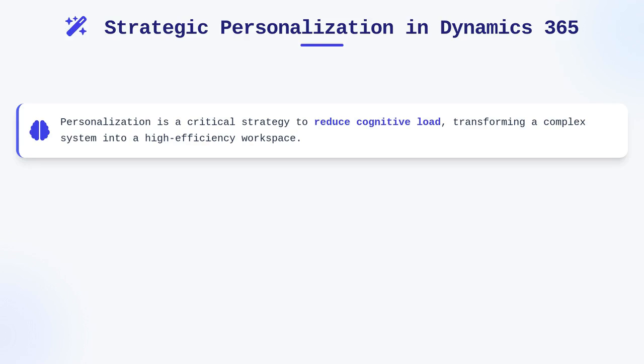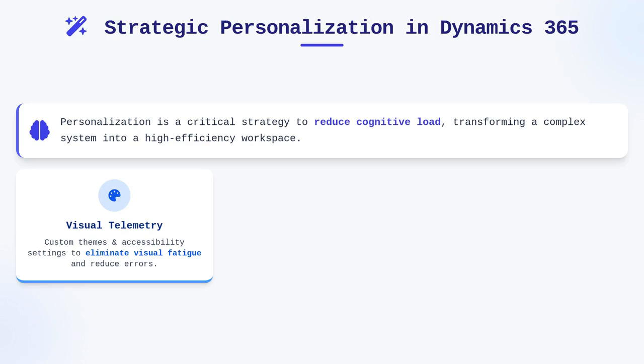Personalization is not merely a cosmetic endeavor, but a critical strategy for managing the high cognitive load inherent in enterprise management systems. Dynamics 365 allows for deep customization of the user interface, including the ability to alter display themes to suit various accessibility or environmental needs.